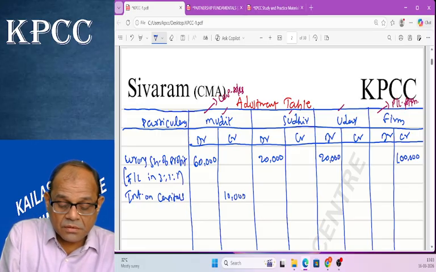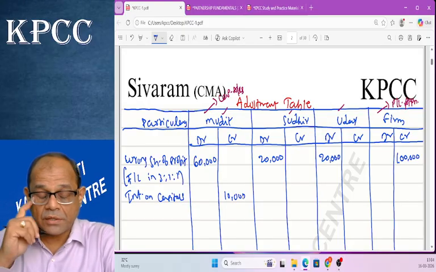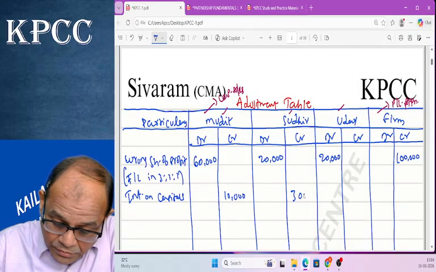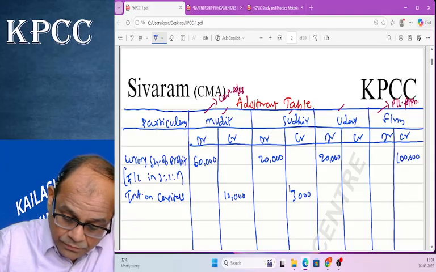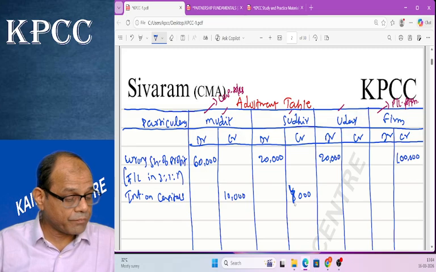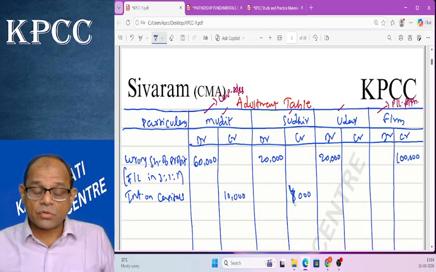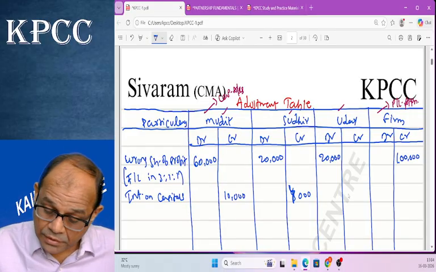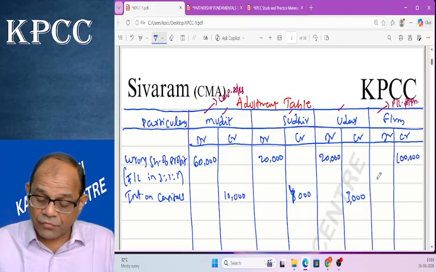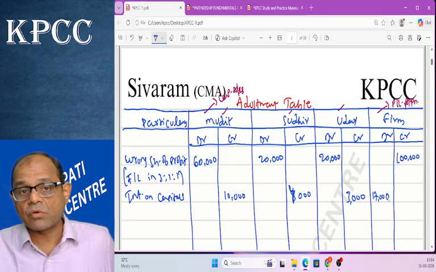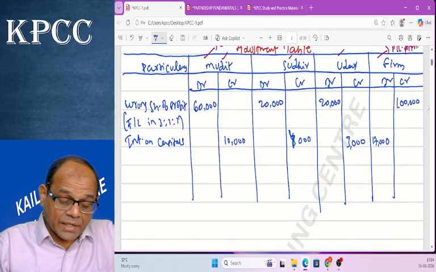Credit the partners. 4 lakh into 2.5% is 10,000. 1 lakh into 2.5%, 4,000. Then 1 lakh 20,000 into 2.5%, 3,000. Credit the partners and debit the firm, because it comes in the appropriation account debit side. Okay, now we will continue.